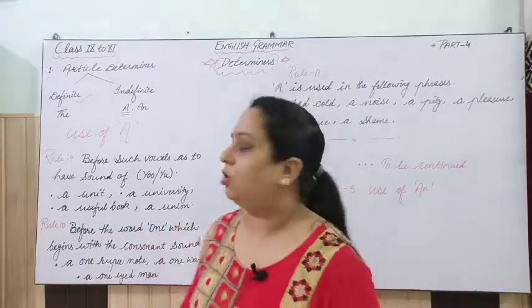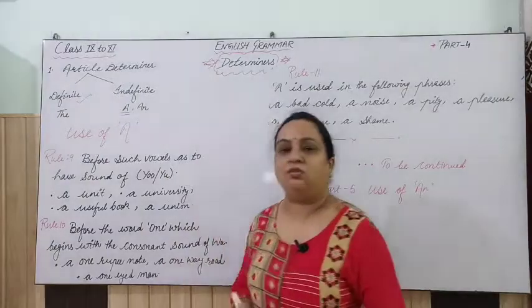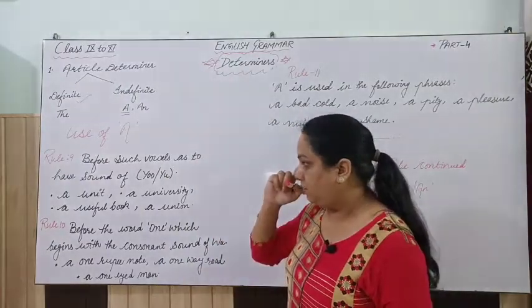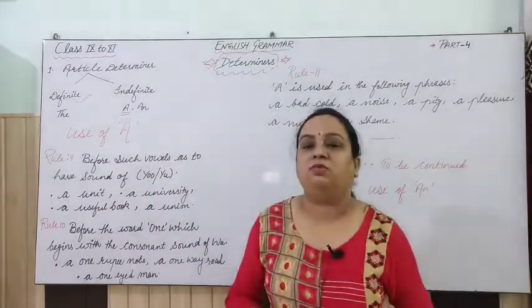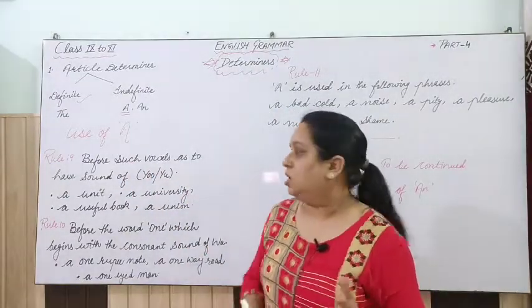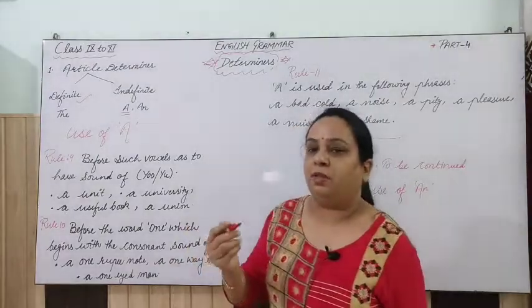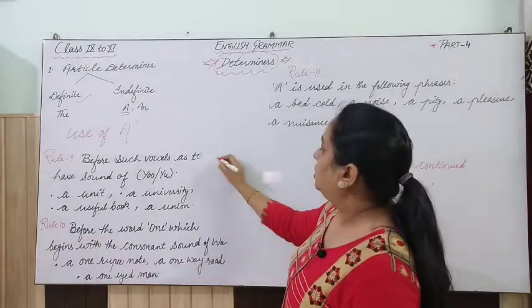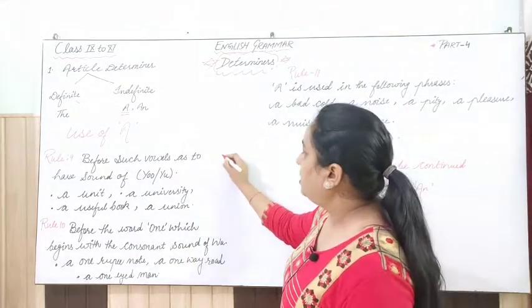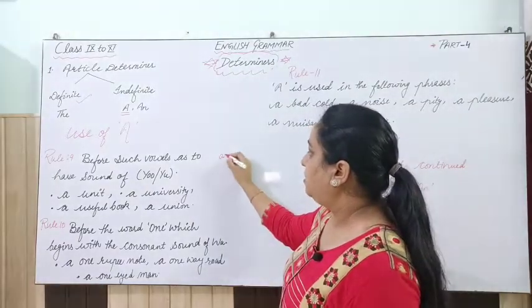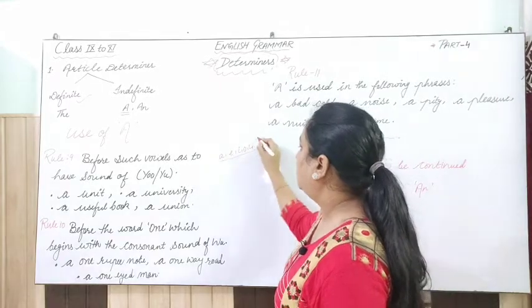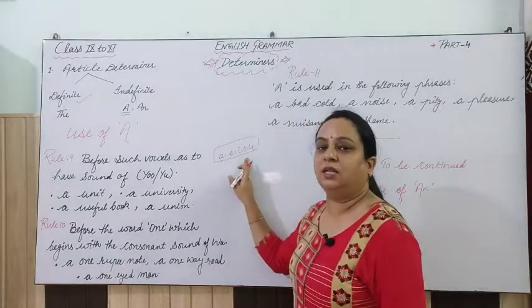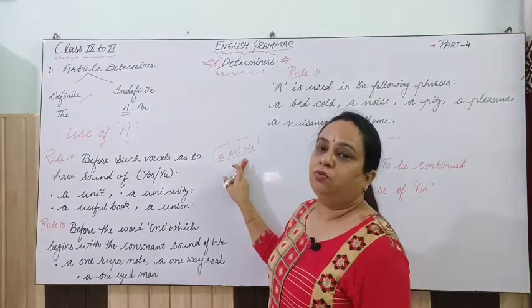So next, when we talk about rule number 9, we have actually already discussed it but I think not noted it down. Before such vowels as have the sound of u, I have told you. It may happen that the letter in the word may be a vowel, it may be a, e, i, o, u. But it is not necessary that all these letters always give the sound of vowels.